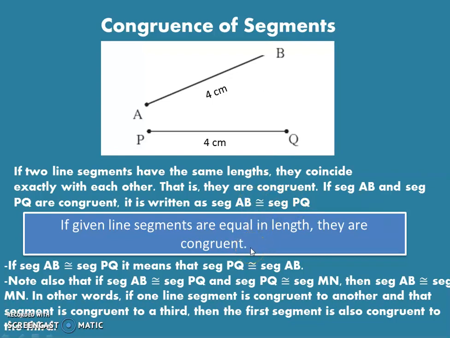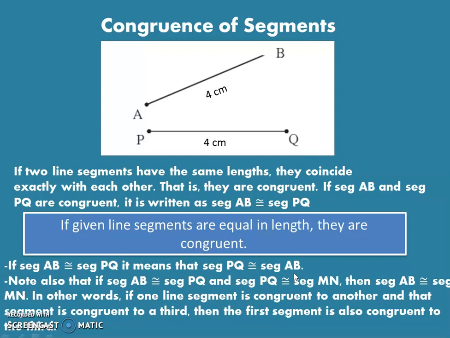If segment AB is congruent to segment PQ, it means that segment PQ is also congruent to segment AB. That is, if one line segment is congruent to another, the second line segment will also be congruent to the first.